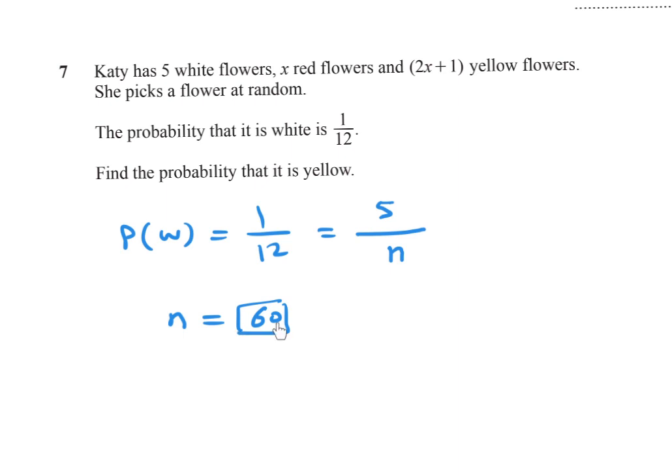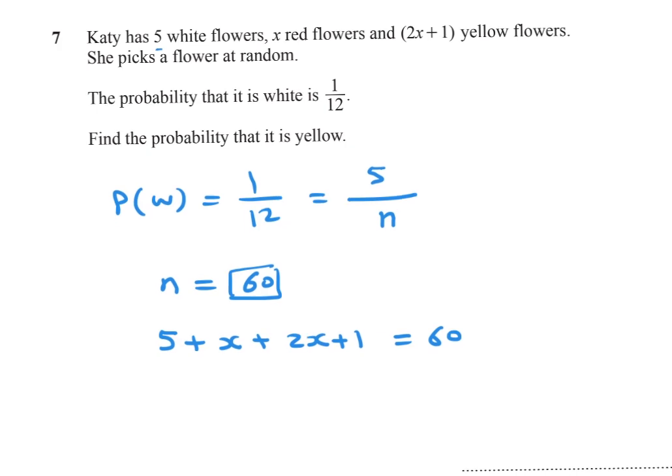Now we have 60 flowers in all, but the number of flowers, we have 5 white, and we have X red, and we have 2X plus 1 yellow. So if we add all, we get 60. So this means 5 plus X plus 2X plus 1 equals 60. Now solve for X. So 3X plus 6 equals 60.